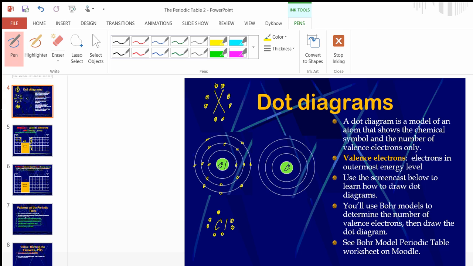Carbon has an atomic number of 6, which means it has 6 protons and therefore 6 electrons. 1, 2, 3, 4, 5, 6. And we see that there are 4 electrons in the outermost level, so 4 valence electrons.